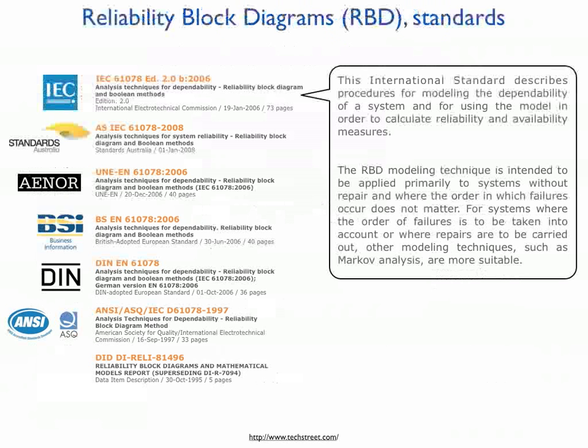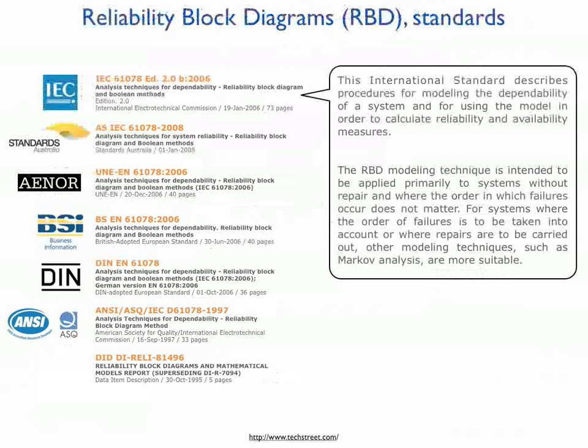This is an international standard. And after that, you can see a number of national standards, like Australian, Spanish, British, German, and you can see that they use the same number, 61078. It means that they have been inherited from this international standard.